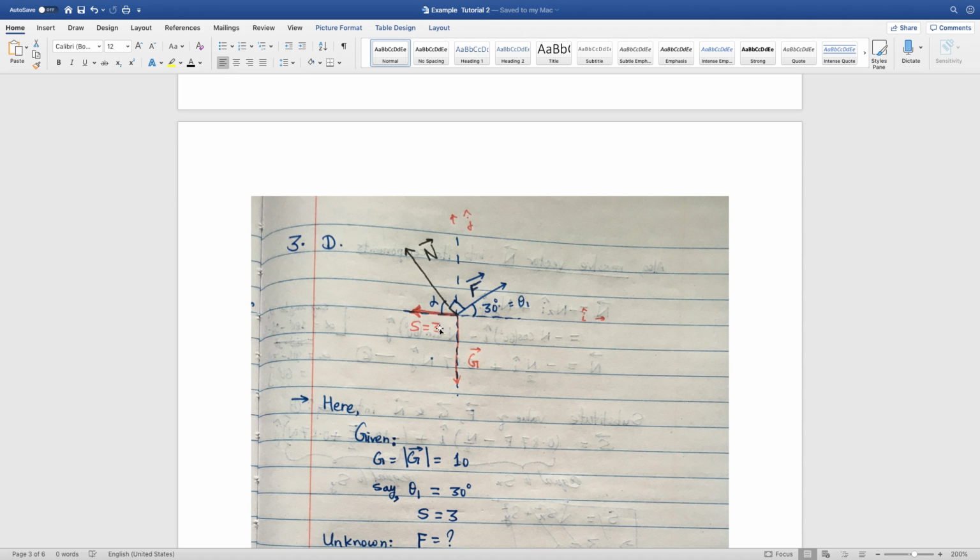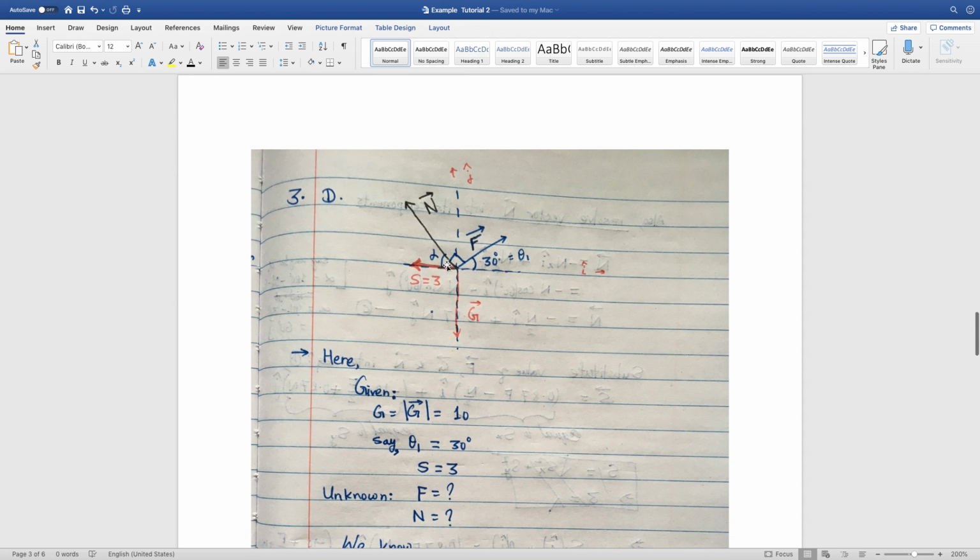So when these 3 vectors are added together, the magnitude of the sum of these 3 vectors is equal to 3, and that is represented by vector S along this direction, this thicker red arrow here, okay?